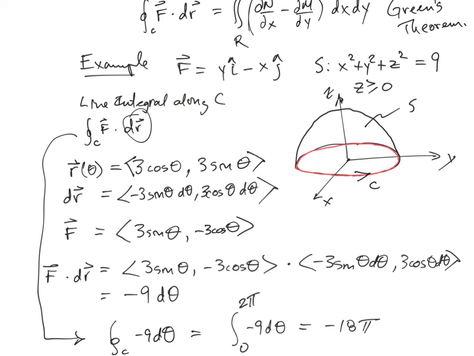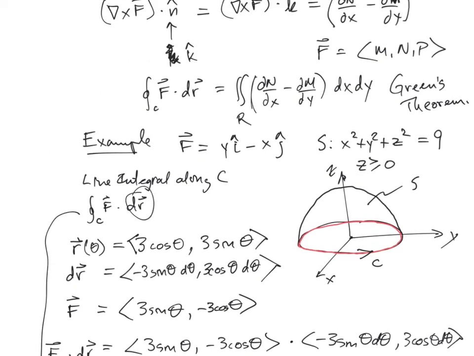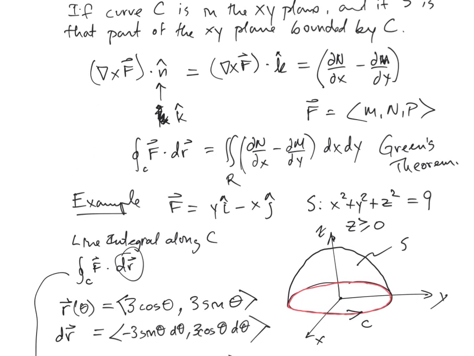We've got to figure out what n hat is and its direction. So we use the right-hand rule to compatibly orient S with the curve C. We chose to orient curve C going that way, which means n hat's going to be coming out of the sphere, right? So we got to choose n hat out like this.